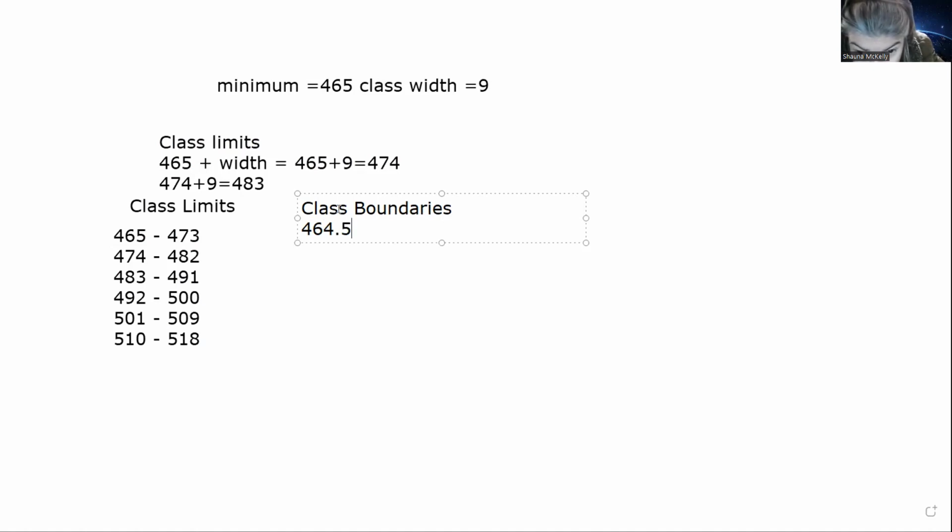And you're going to add to the other one, which is 473 and a half. Now notice the next class starts at 474. We're going to subtract 0.5 from it. So we have 474 minus 0.5. That's going to give us 473 and a half. That's exactly where this other class ended. That's what it should be. These boundaries should overlap. The limits do not, but the boundaries do.